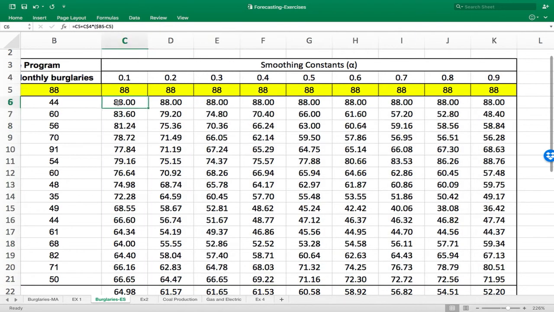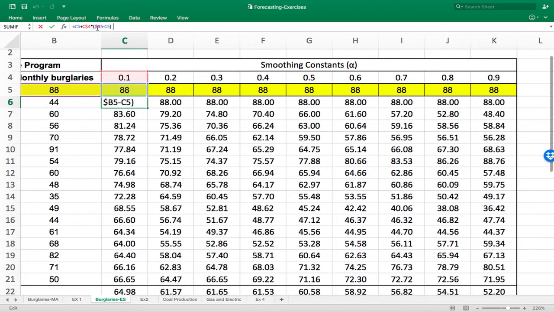If you click on this one, this is C5. C5 is our forecast for the previous month, which is F1, plus C4, our smoothing constant, times the difference between the demand B5 and the forecast value that we produced for the first month.